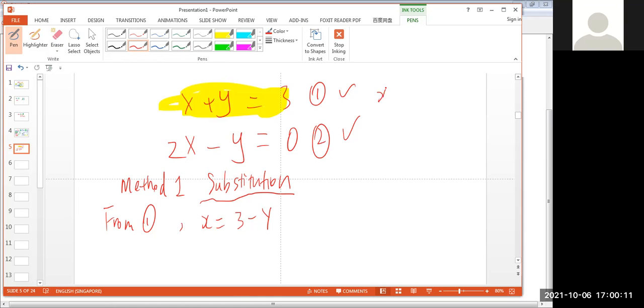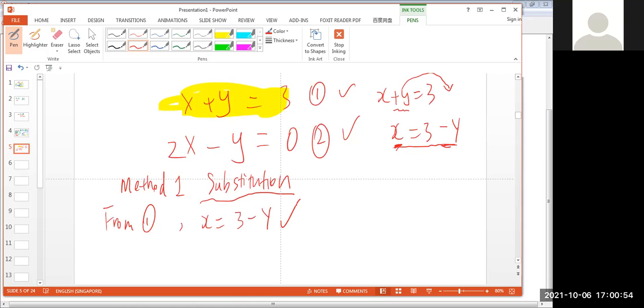Basically you have x plus y equals 3. So you take the plus y and bring it to the right hand side, and it becomes minus y. Once you bring the plus y over, you have x on the left, and because you bring it to the other side, the sign changes, so plus becomes minus. That's why I get x equals 3 minus y, which is here. So far so good?